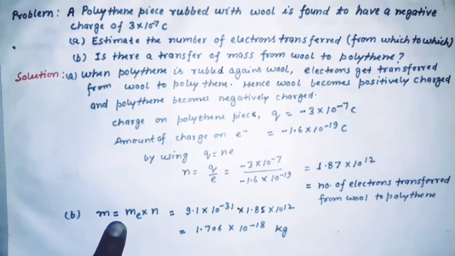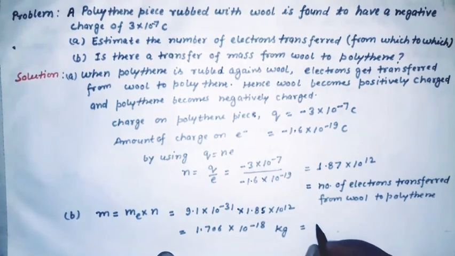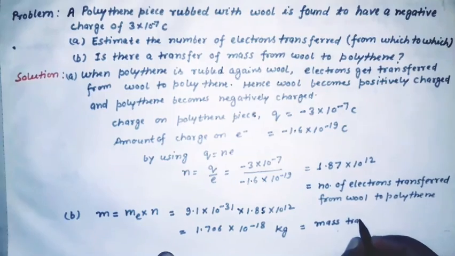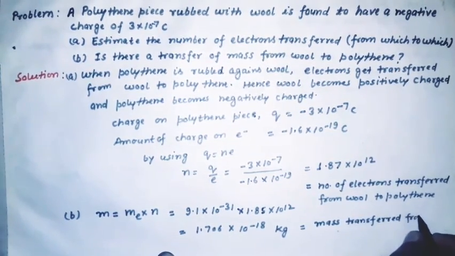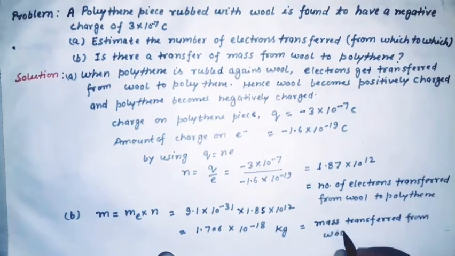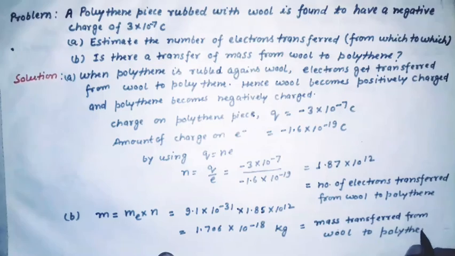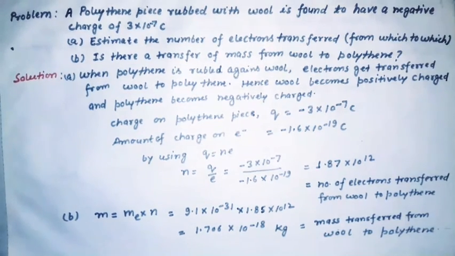So this amount of mass will be transferred from wool to polythene. So this will be equal to mass transferred from wool to polythene. This is a quite conceptual problem.